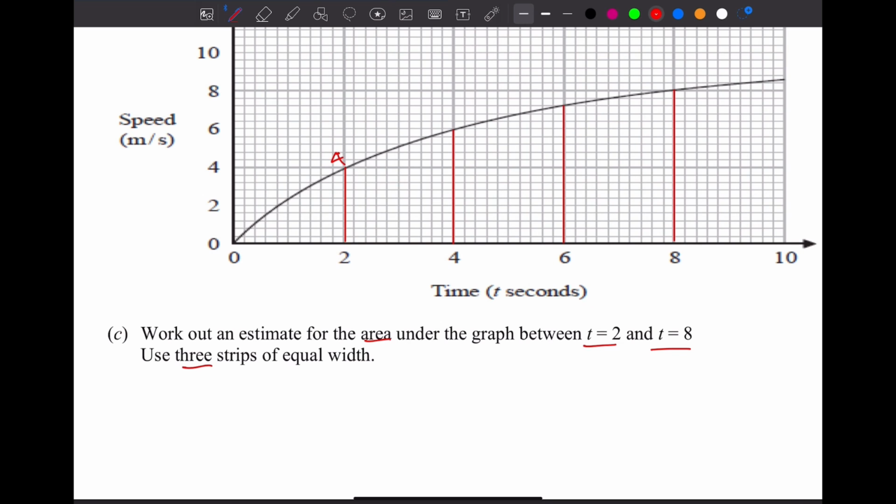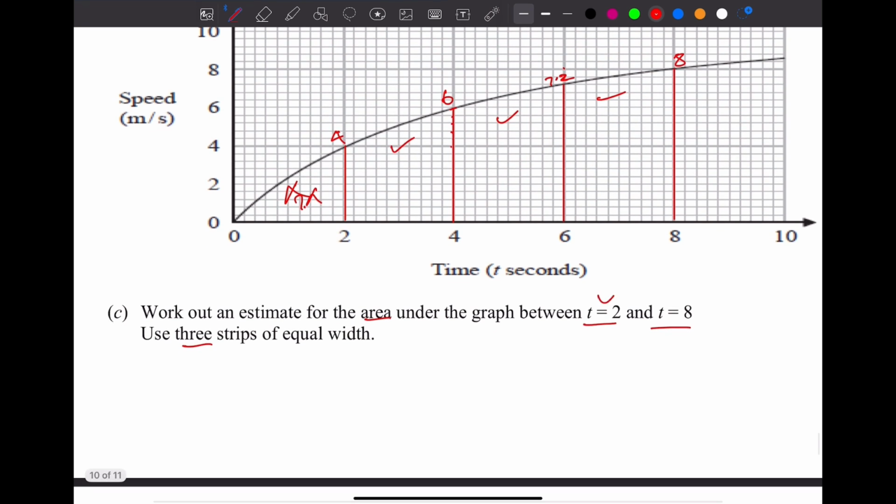I think it goes up in 0.4. 4, 4.4, 4.8, 5.2, 5.6, 6. That's 6, then 7.2, 7.6, 8. That's an 8. So they want this one, this one, this one, not this one. Normally this is a triangle, but for some reason they're skipping that. They start from T2 and T8.